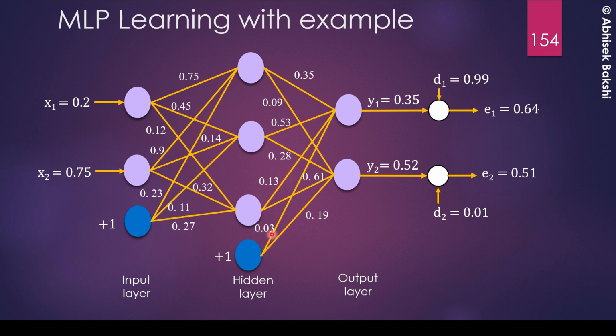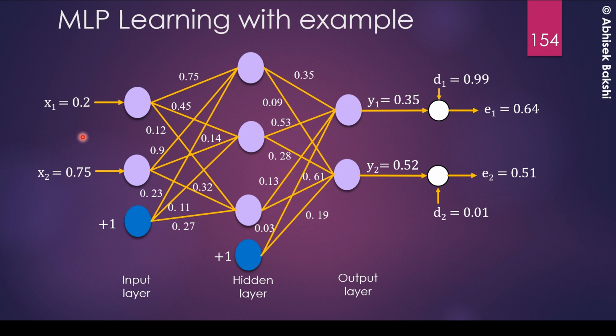Similarly, 0.03, 0.19 are the weights of the connections between the bias of the hidden layer and the neurons of the output layer. Always remember that the bias of one layer is not connected with the bias of another layer. It's not like that. Okay.